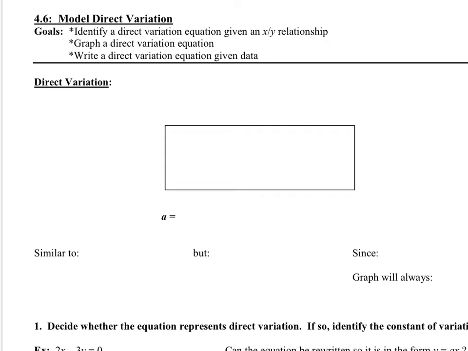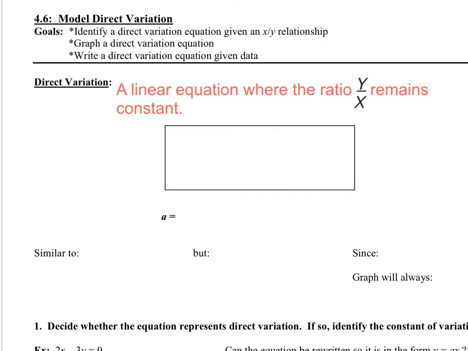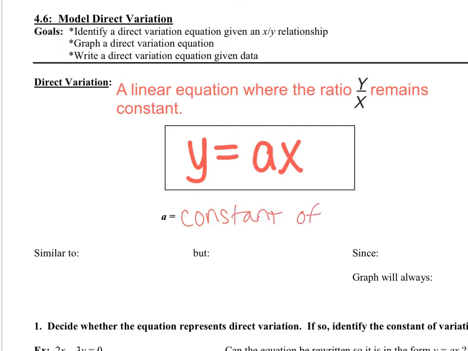A direct variation equation is a linear equation where the ratio of y over x remains constant. A direct variation equation is written in the form y equals ax. A is called the constant of variation.